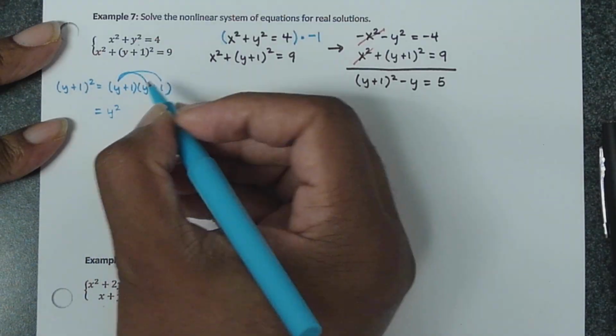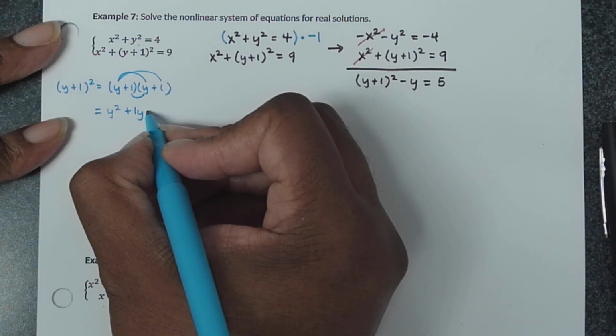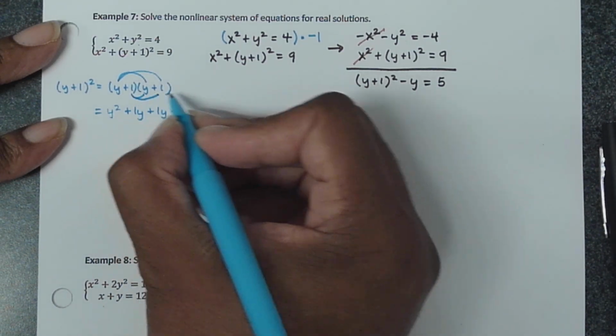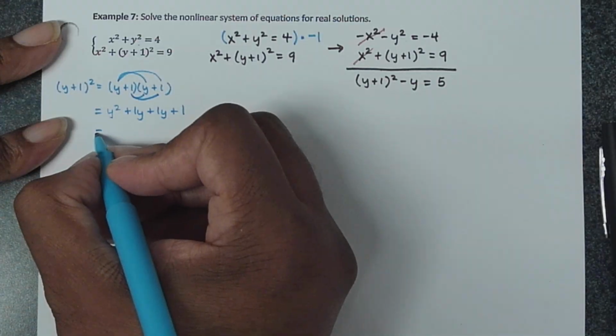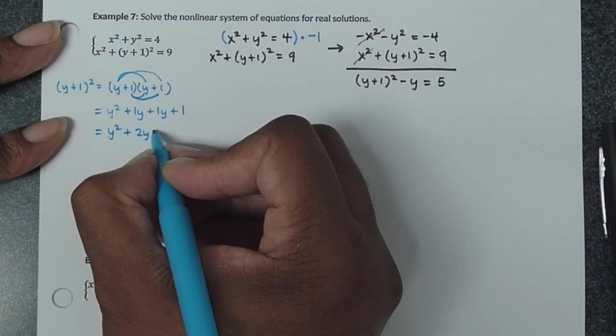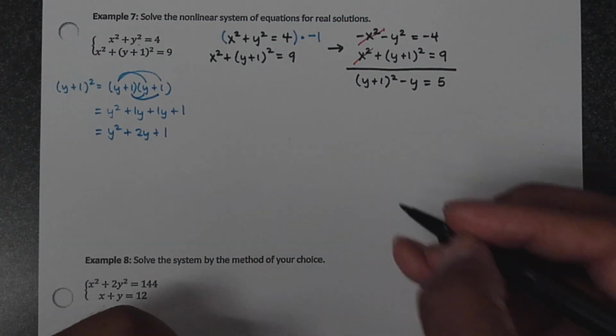The outer, y times plus 1, would be plus 1y. Inner, 1 times y, would be another plus 1y, and then last times last, 1 times 1, will be 1. So I'm going to end up with y squared plus 2y plus 1, which is what y plus 1 quantity squared is going to be.